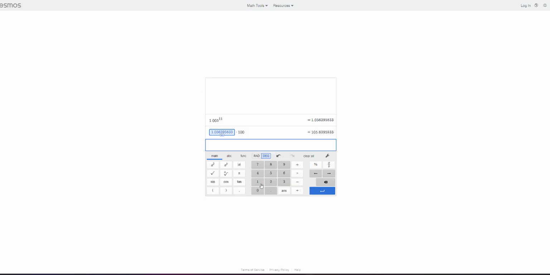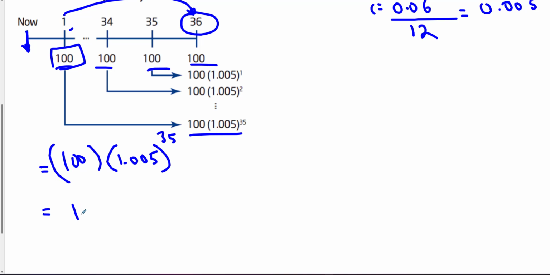So that's going to be 1.005 to the power of 35, and then answer times 100. That's going to be $119.07.